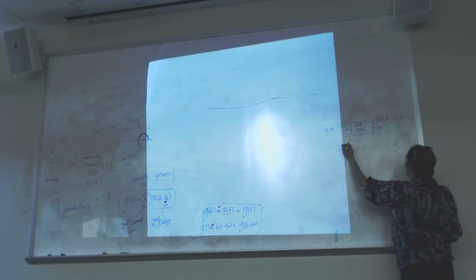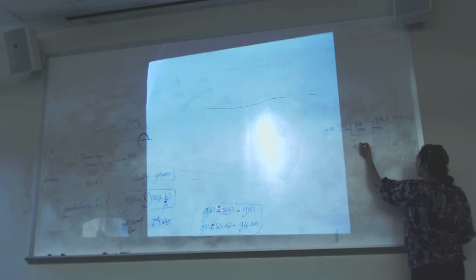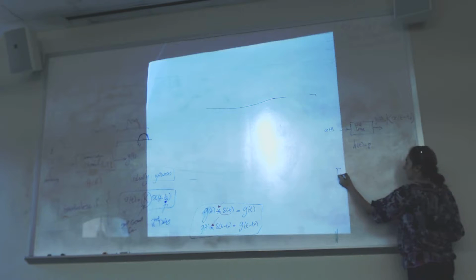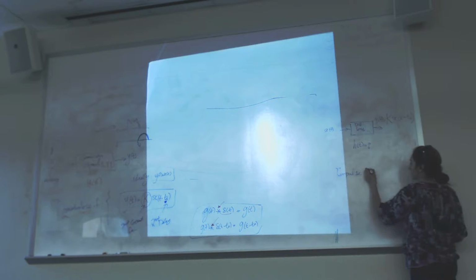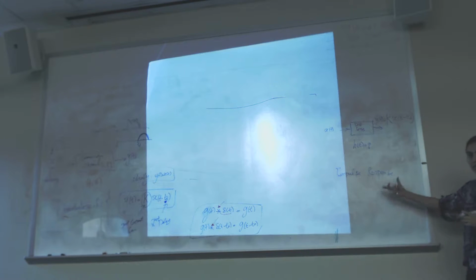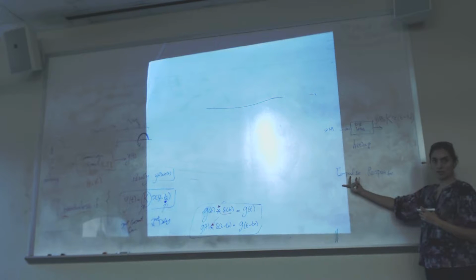So now my question is, what is the impulse response? In English terms, what does it mean? It is the response of the system to an input that is an impulse.